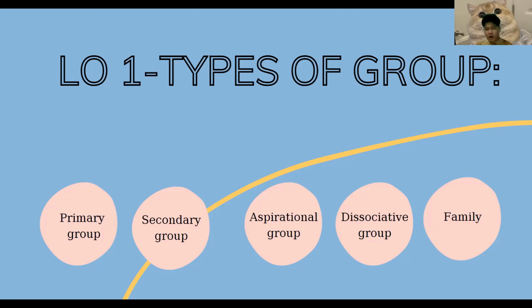Let's have a look at a few more different groups. Aspirational groups are ones which a person may want to become a part of. They are currently not a part of that group, but wish to get with that group. And dissociative groups are the opposite of aspirational groups.